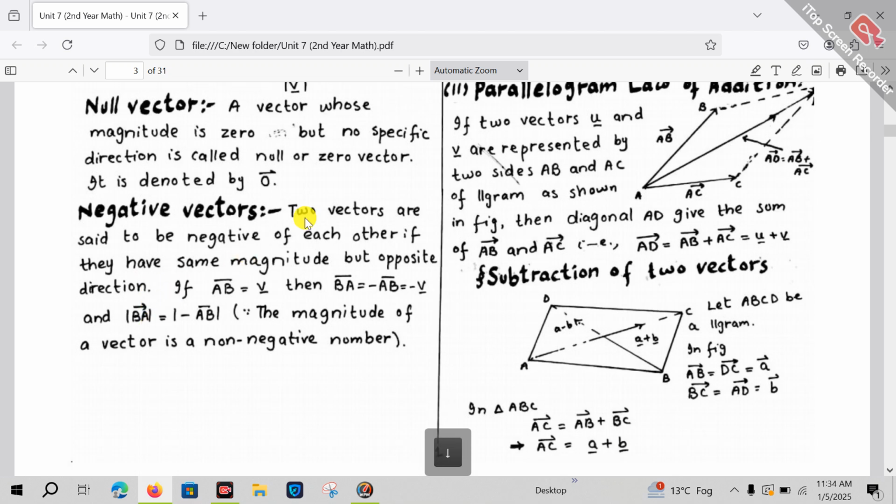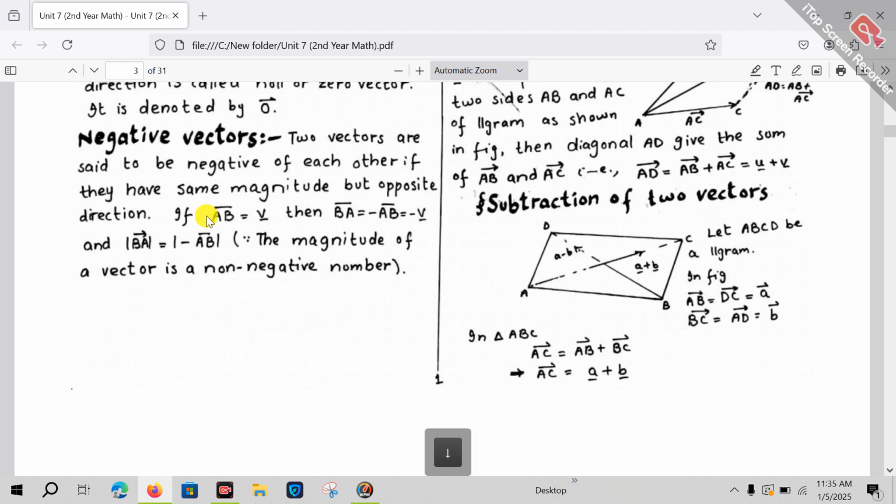Negative of vectors. What are negative vectors? Two vectors are said to be negative of each other if they have the same magnitude but opposite direction. Suppose we have a vector v, and in the opposite sense we have a vector minus v.